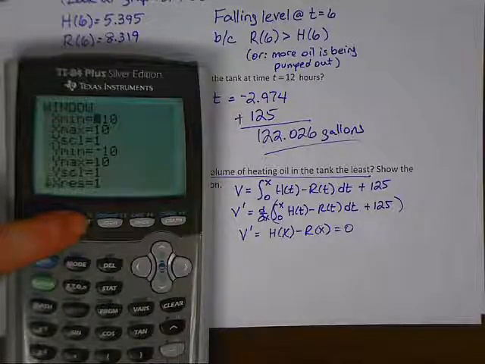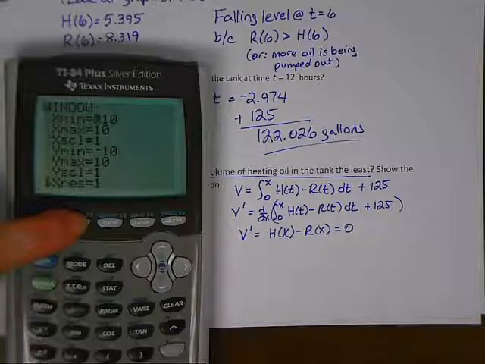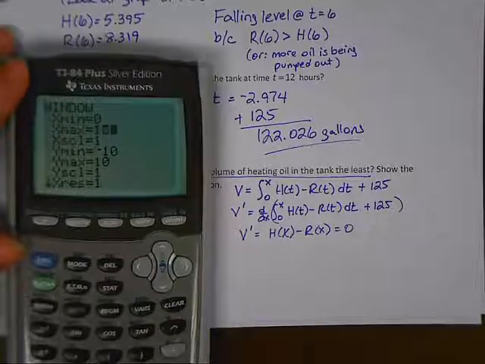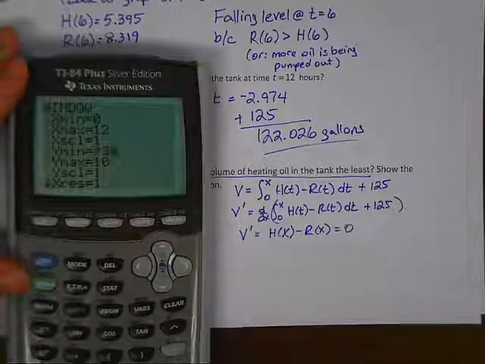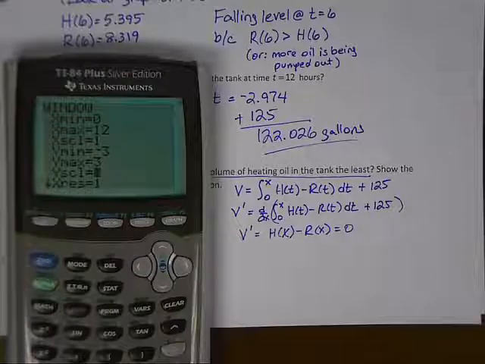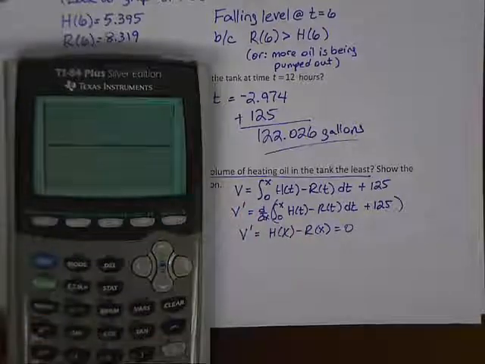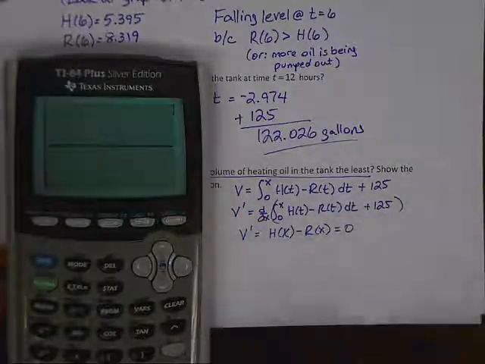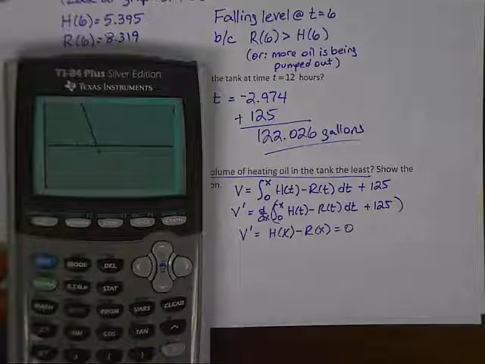What is the window for this problem? 0 to 12. Make your y's go from -3 to 3. Since we're doing zeros, we want to stay close to the x-axis. Now push graph. It takes a little bit to do it.